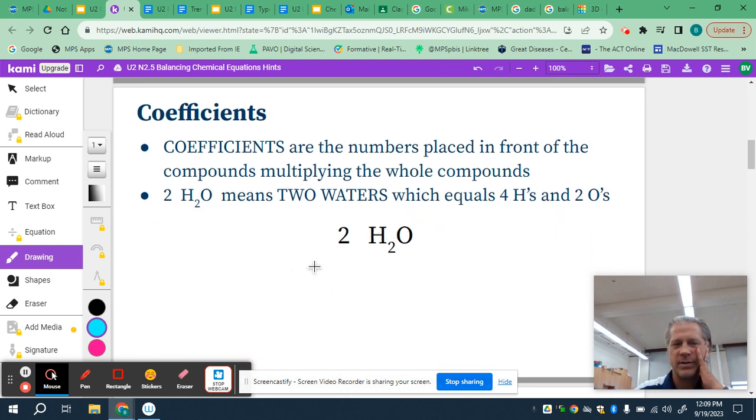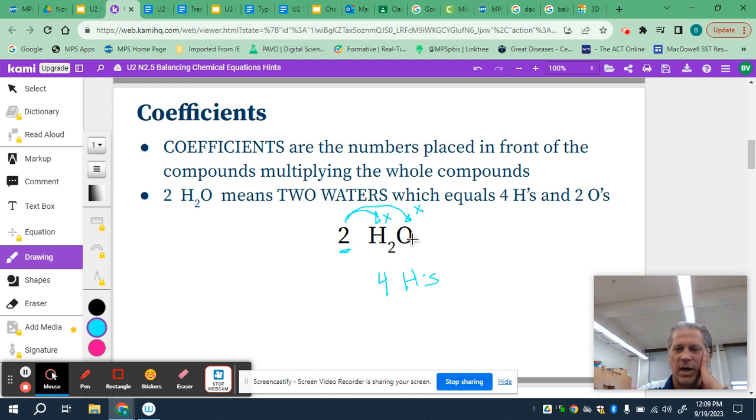What this really tells us is that this 2 right here in front of the H2O will distribute itself to the H and the O. So we will multiply the O and we will multiply the H. So I end up with 2 times 2 H's, so there's 4 H's.